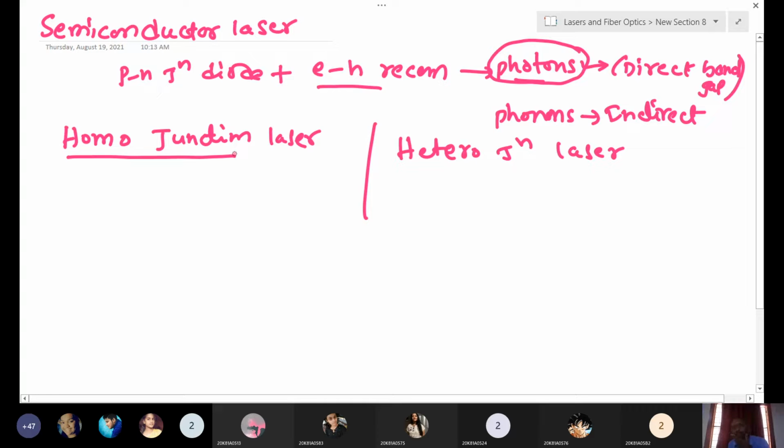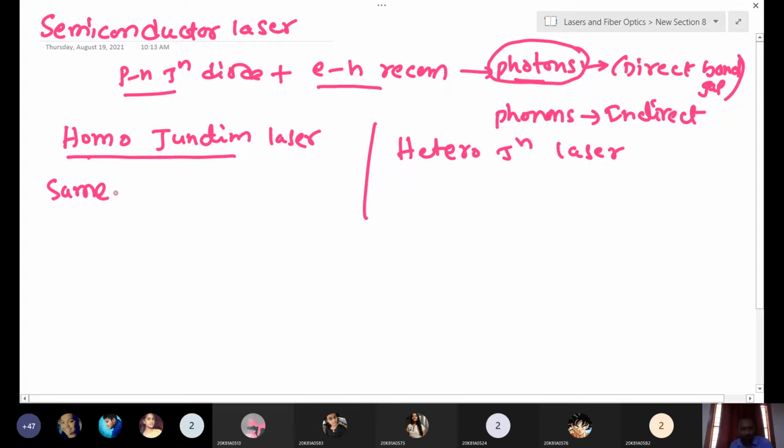So what is meant by homojunction? Please tell me. Similar, yeah, similar. Here laser diode means p-n junction diode. If you make the junction using the same band gap material, that is homojunction laser.